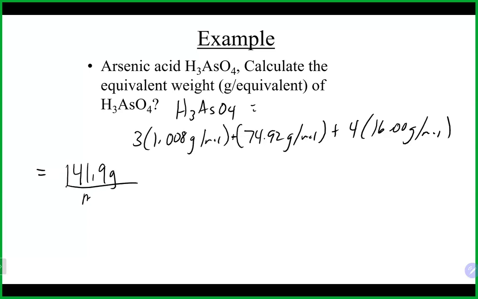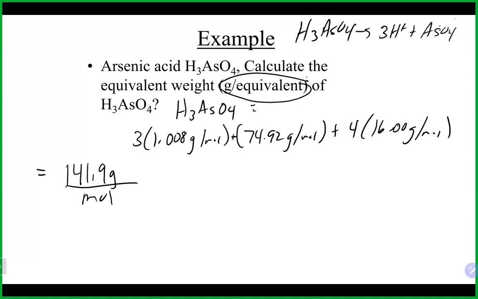grams per mole. That would be our molar mass, but we're looking for our equivalent weight or equivalent mass. So we take a look at our H3AsO4. When that breaks apart, you get 3 H pluses and AsO4 3 minus. In 1 mole of this, how many equivalents would we have? We would have 3 equivalents, because it has 3 hydrogens.